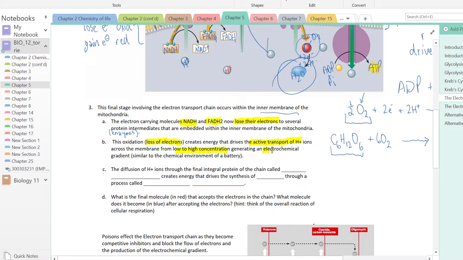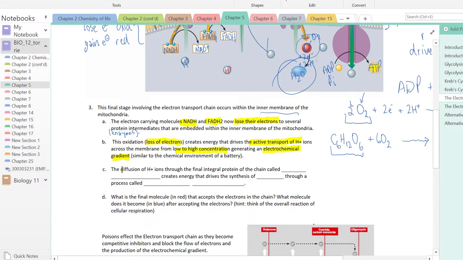from ATP, but rather the exchange of electrons between molecules. And we get this electrochemical gradient, which is similar to the chemical environment of a battery, right? So when you think about how a battery powers your various devices, the cell itself is acting like a battery by creating this distribution of charge with hydrogen ions on the outside, creating that potential energy to drive the formation of ATP.